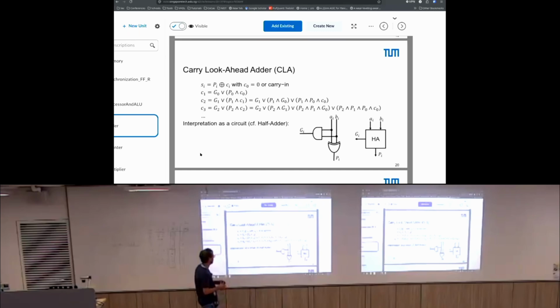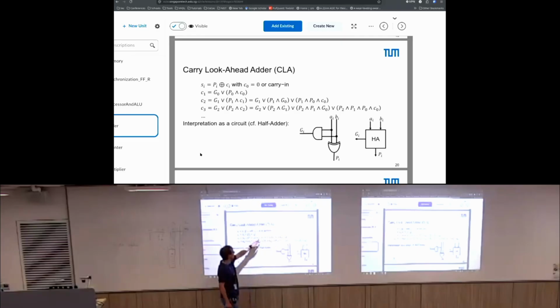And how does this look now if we have a second bit? Then actually we have a very similar formula. It's G1 or P1 and C1. So this looks very similar. But now we can exchange the C1 here by this formula and then end up with something like this, right?